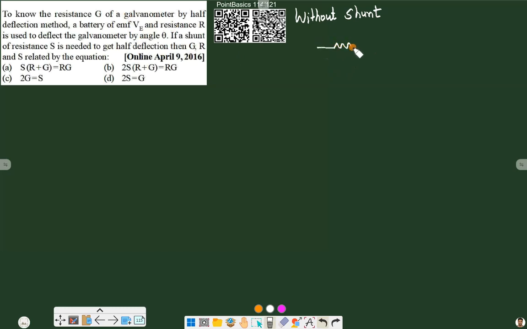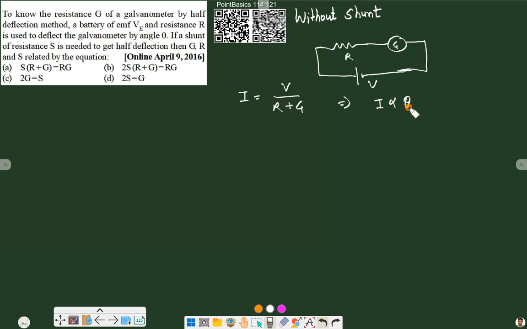So this is our resistance R, we have a galvanometer here, and we have a battery here with EMF V. So here the current in this circuit will be equal to potential divided by this resistance plus resistance of galvanometer, that is G. And this current, as mentioned, deflects the galvanometer by theta, or means I is proportional to theta. This is the first relation.